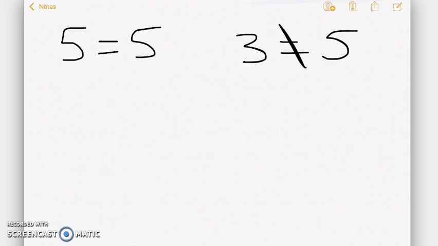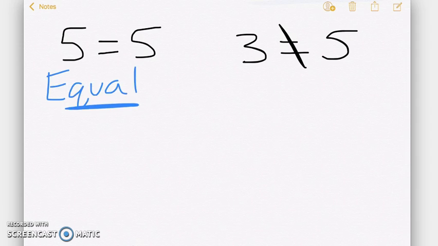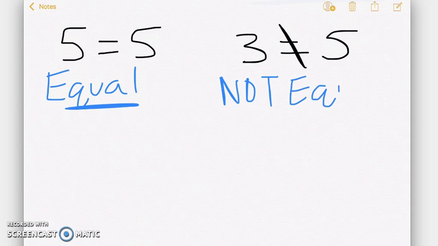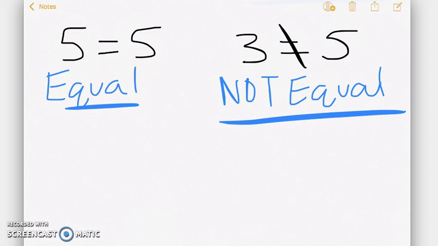When you look at it like this, this is essentially an equation, and one is balanced and one is not balanced. One is equal and one is not equal. This is the whole point. You want to make sure that each side of your equal sign is equal. If the numbers on both sides of the equal sign do not match, then it's not equal.